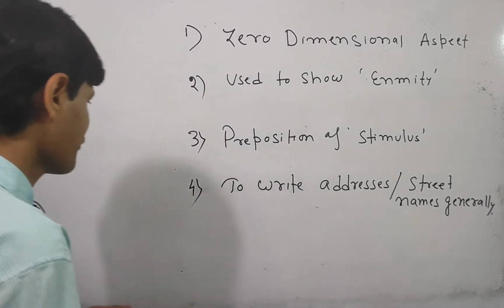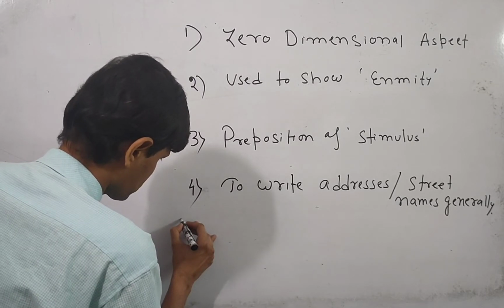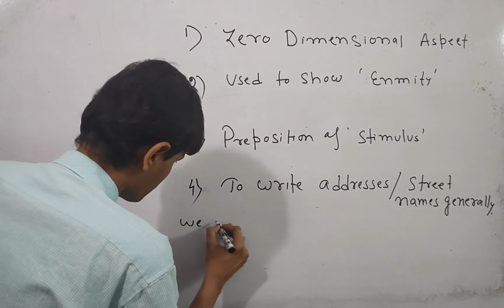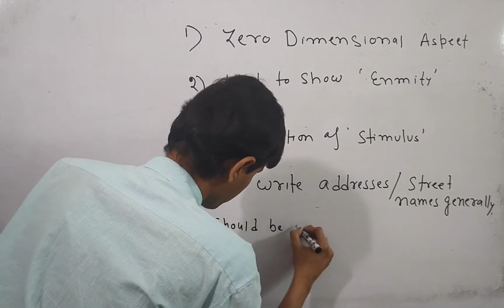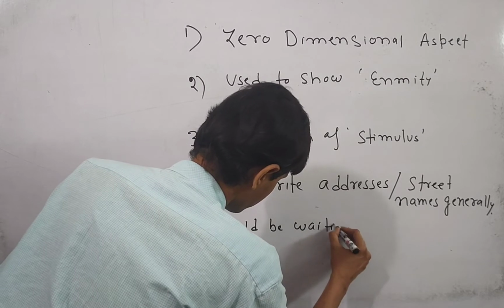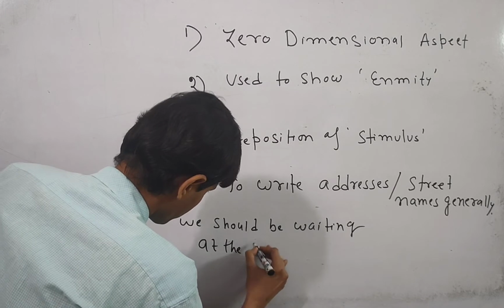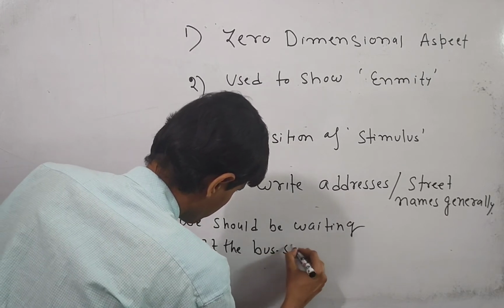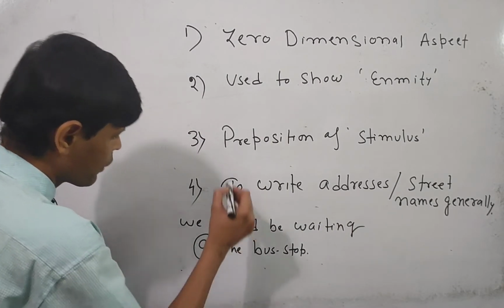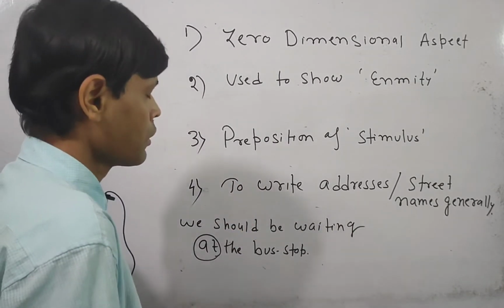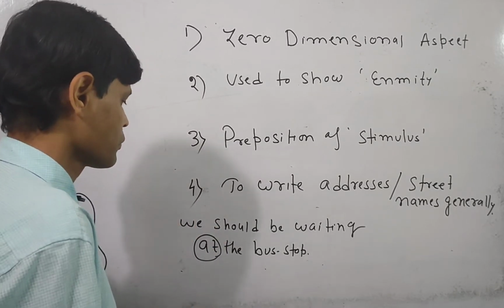For example, if I say, we should be waiting at the bus stop. Now look over this special application. Here we are going to use "at" because we are going to imply some kind of zero dimensions.